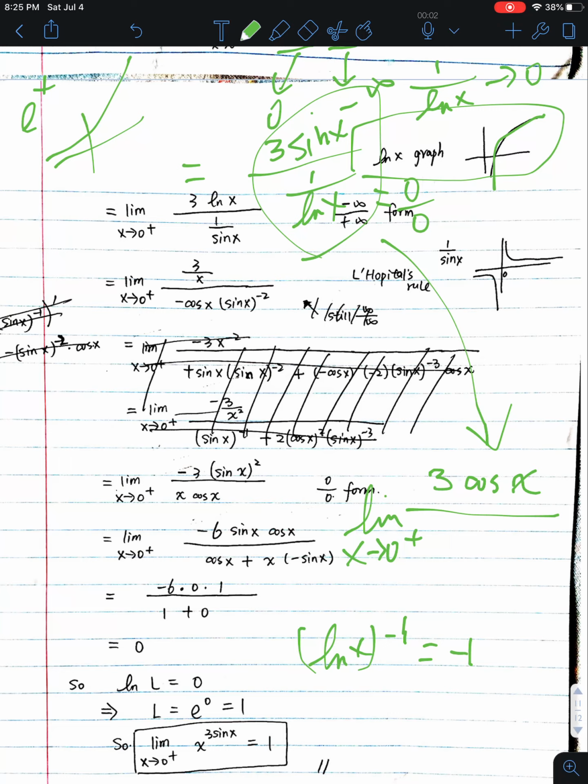The derivative is negative 1 times log x to the power negative 2, and using the chain rule, 1 over x. So this becomes negative 1 over log x squared times x.